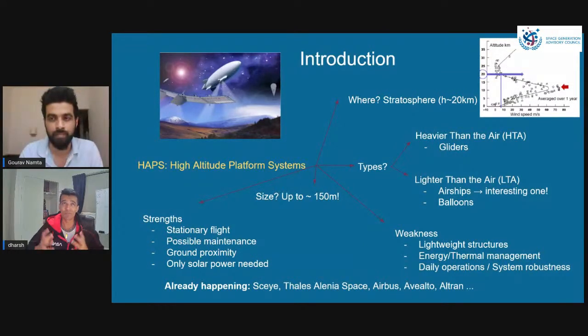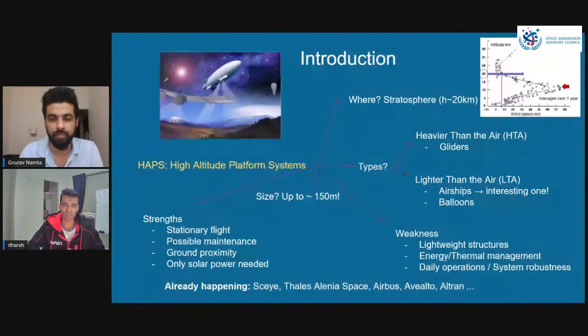Now you're probably wondering how you get it powered up there. Technically, we're closer to the sun, so solar power becomes a really good way to keep it energized. It can also be a temporary structure: it can go up, and you can pull it down when you don't need it.